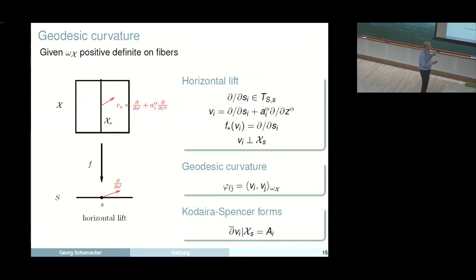And of course, in Dolbeault cohomology, the edge homomorphism is given like this. We lift the tangent vector in a differentiable way, for instance, in a way that the lift is perpendicular to the fibers. Then we apply d bar and restrict it to X_s. So then this formula immediately tells us that the thing is d bar closed, but not d bar exact, because we need the horizontal components in order to write down d bar.